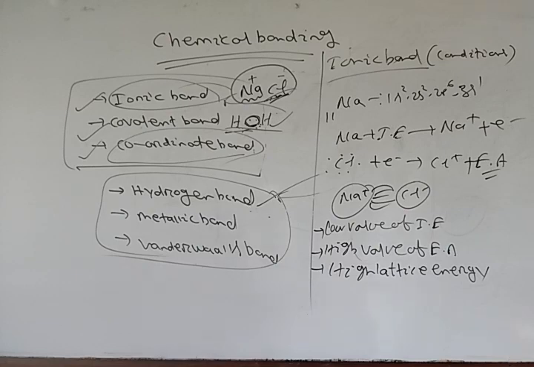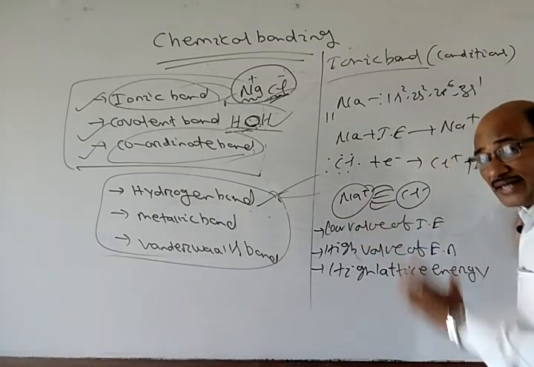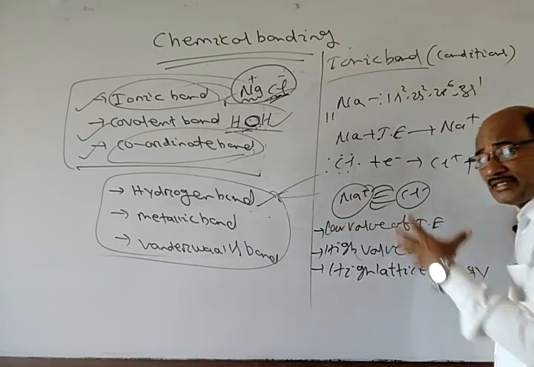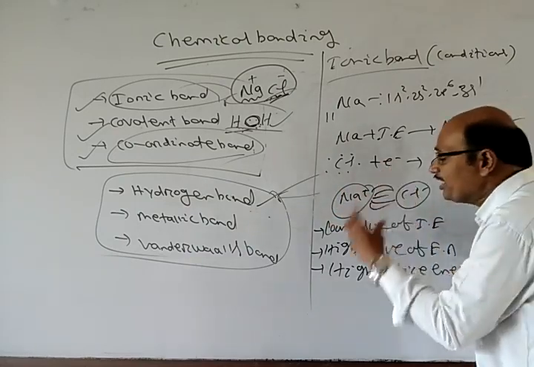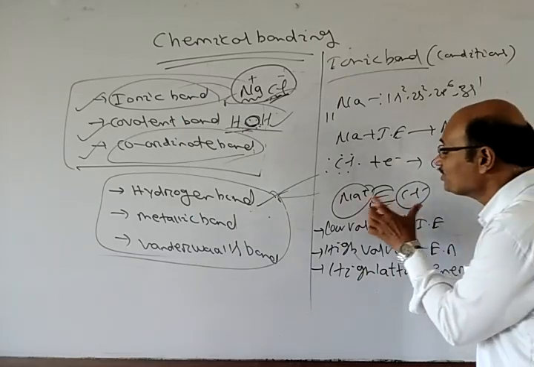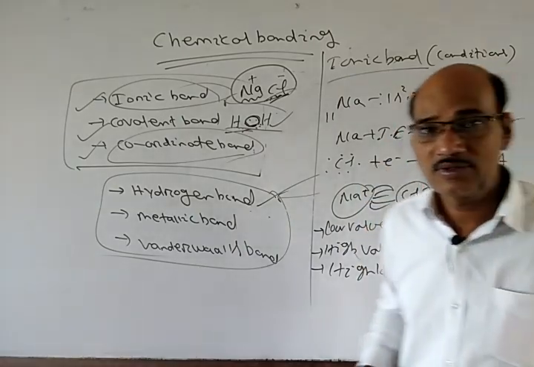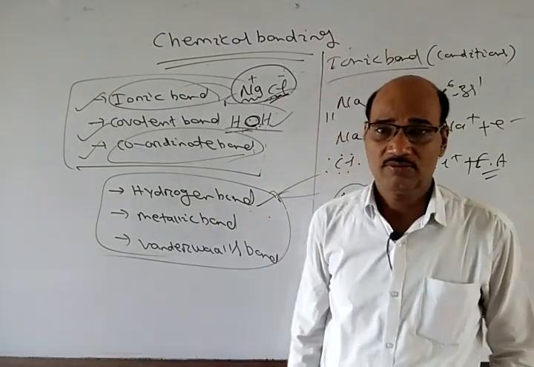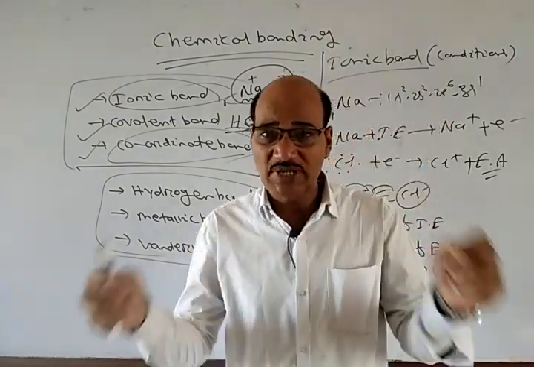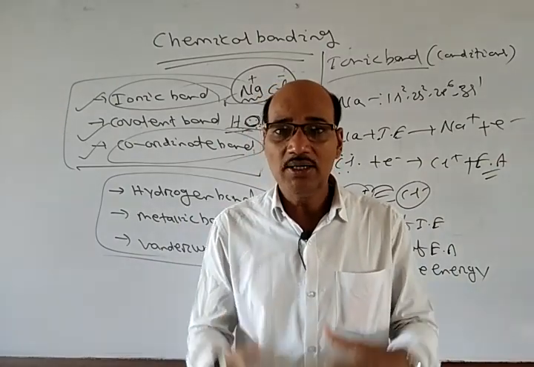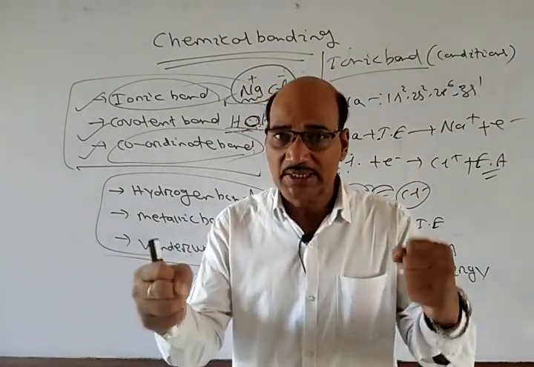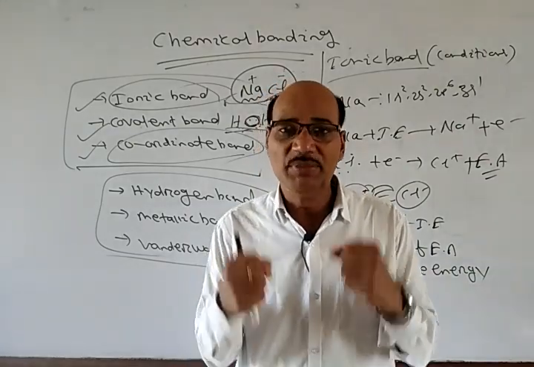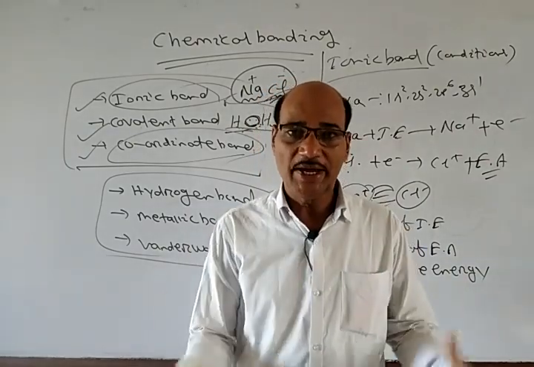Again, the force of attraction between Na+ and Cl- depends upon the quantity of the charge and the distance between the charges. The less the distance between the charges, and the more the amount of charge, the more will be the electrostatic force of attraction among the ions, and hence the stronger will be the ionic bond.